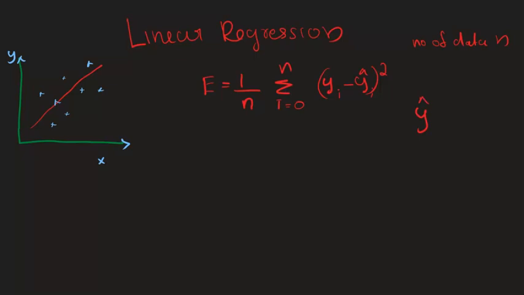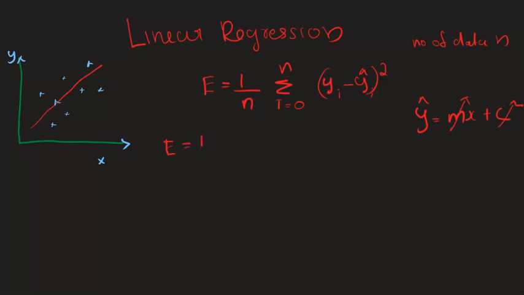Here y cap is equal to what? We are predicting the data, the score, by using the linear equation, right? y is equal to mx plus c. So basically what we want to find out is the m and the c. Now I'm going to plug this equation into this one.